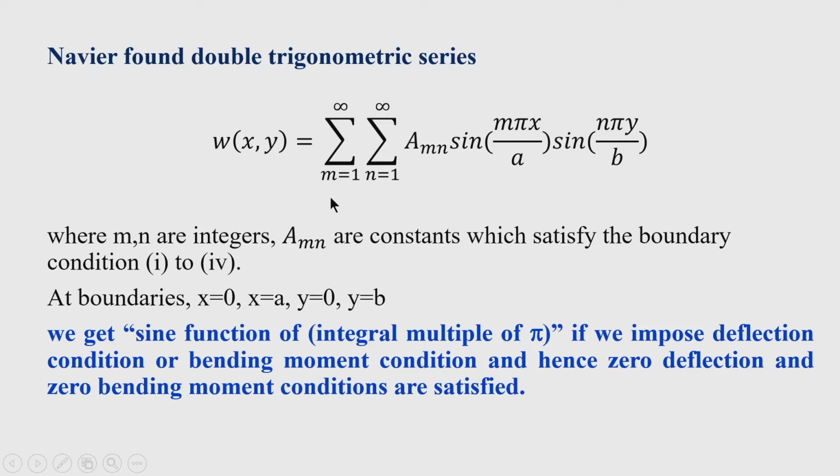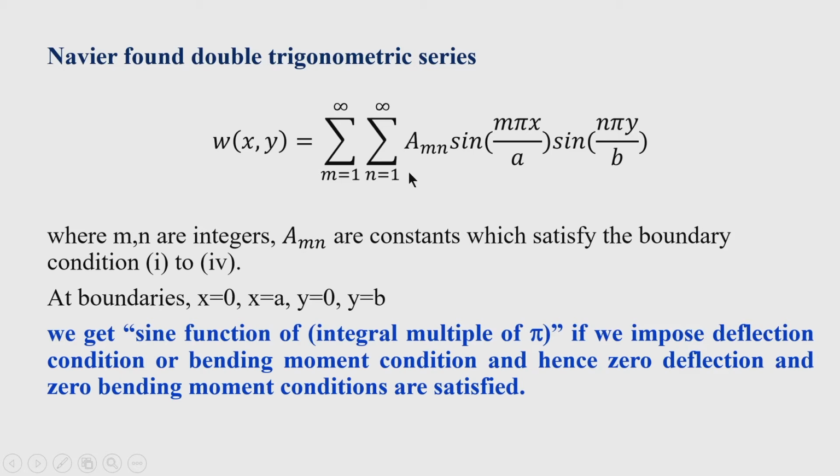The summation index m varies from 1 to infinity, similarly n varies from 1 to infinity. This series is popularly known as the Navier series and it satisfies the boundary conditions.